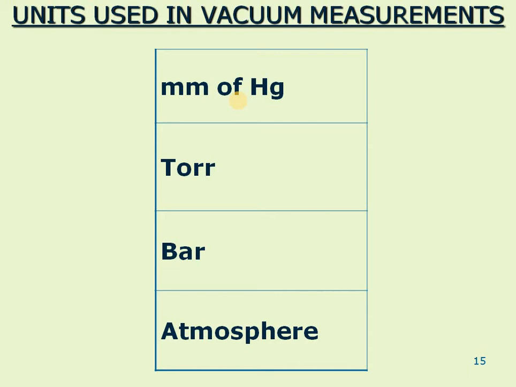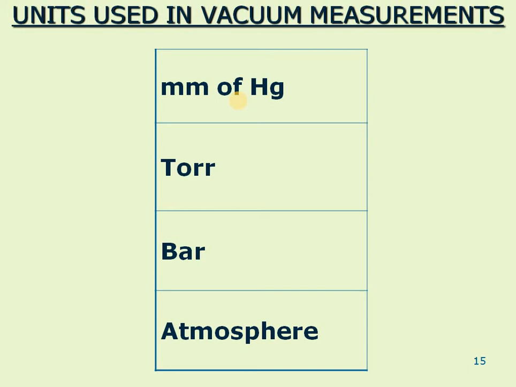And torr is another unit. 1 torr is equal to 1 millimeter of mercury, in fact. And bar is another one, which is almost equal to 750 millimeter of mercury, close to 1 atmospheric pressure. 1 atmospheric pressure is actually 760 millimeter of mercury, but 1 bar is around 750 millimeter of mercury.